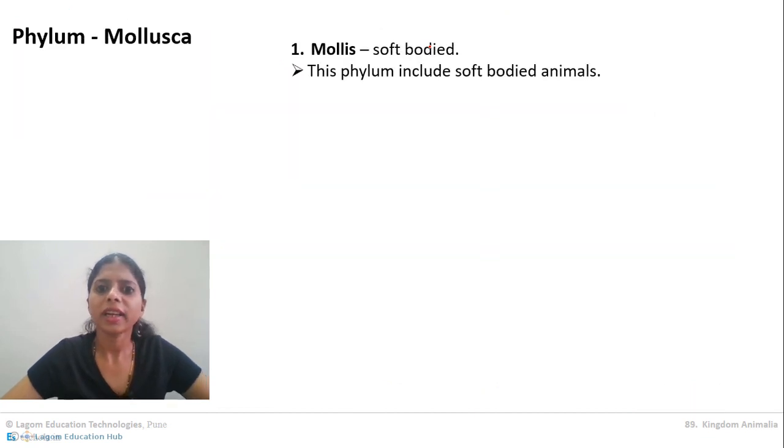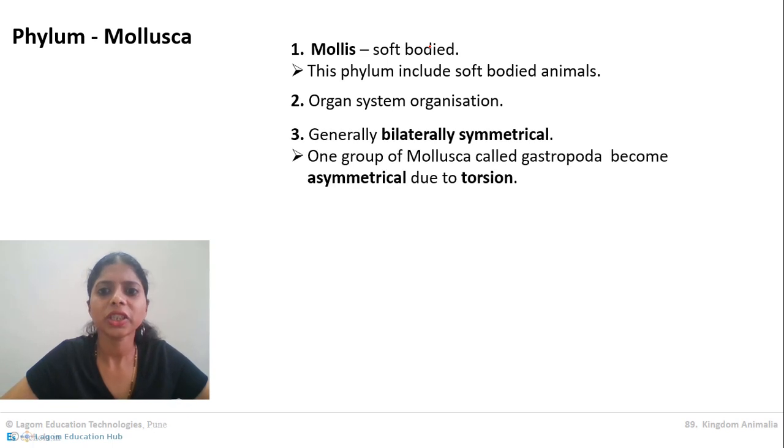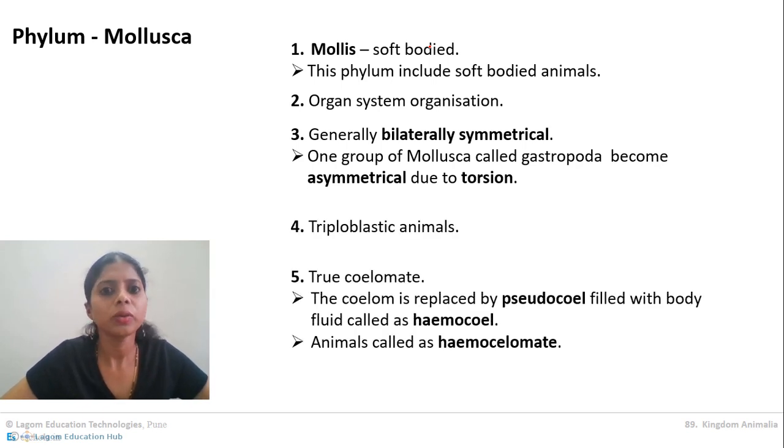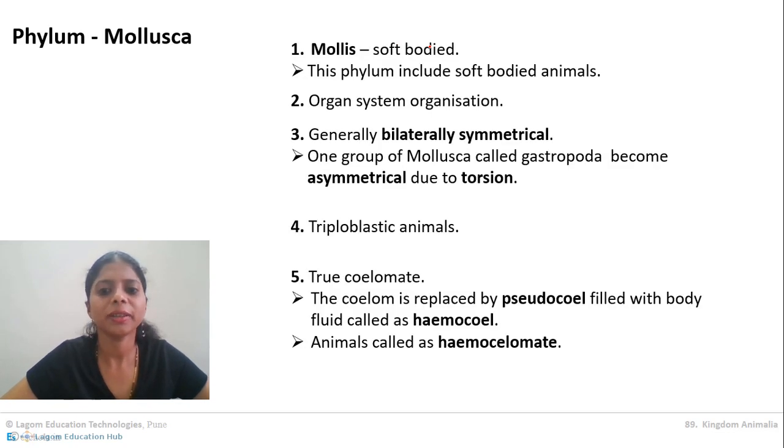The first characteristic is soft-bodied animals. Second is organ system organization, generally bilaterally symmetrical but becoming asymmetric due to torsion. Diploblastic, true coelomate but hemocoelomate, with body fluid hemocoel, which is blue in color because of the presence of hemocyanin.